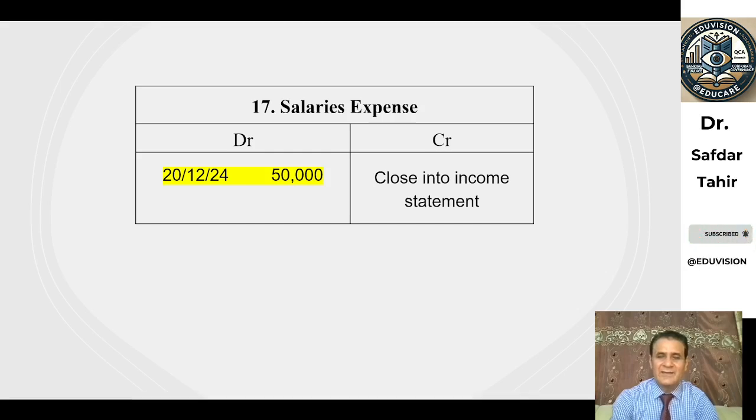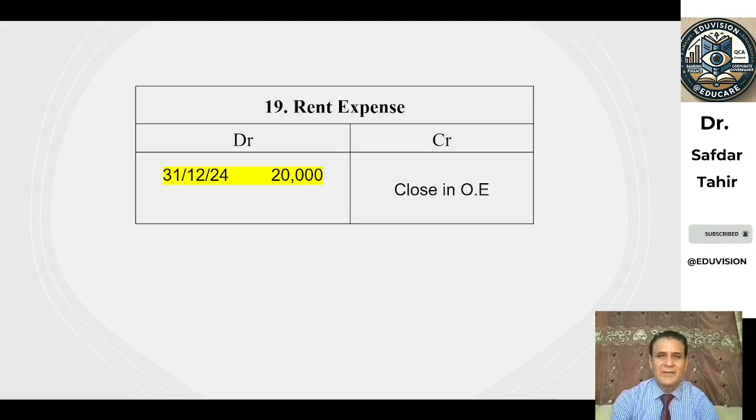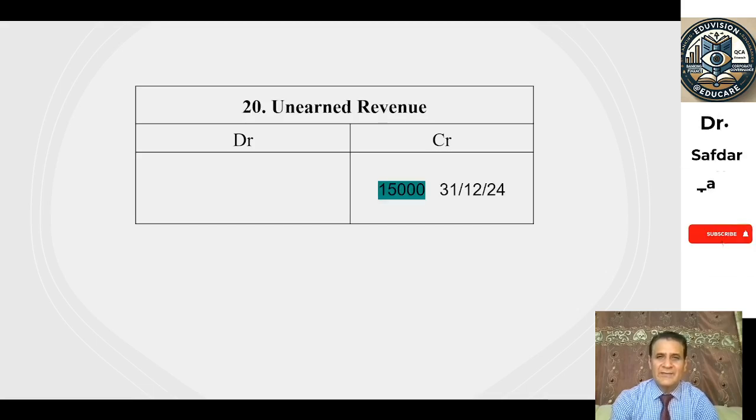These accounts, revenues and expenses, are generated from the initial period of the operating cycle, and then these accounts are closed at the end of each accounting cycle. Owner's drawing is closed also into owner equity. Rent expense is closed to the income statement.